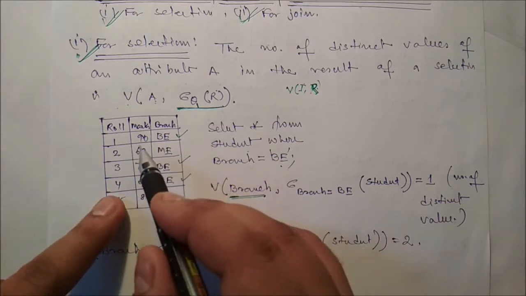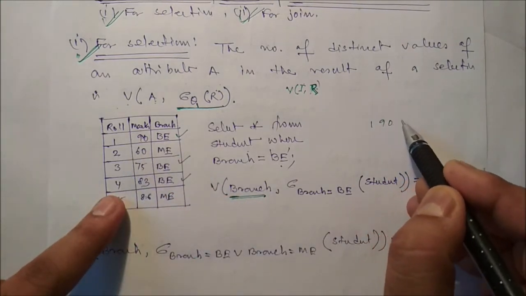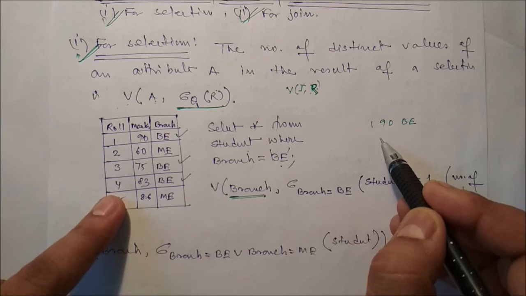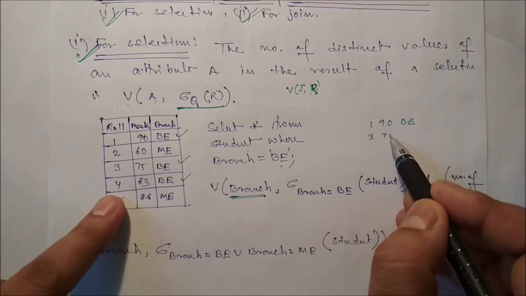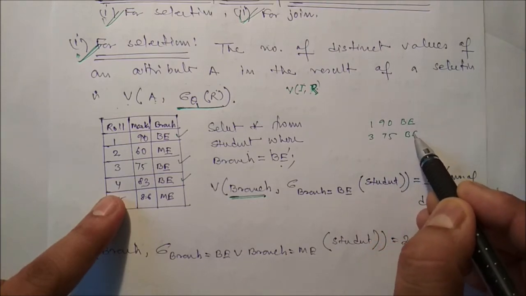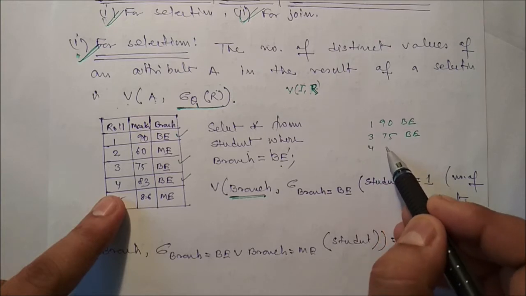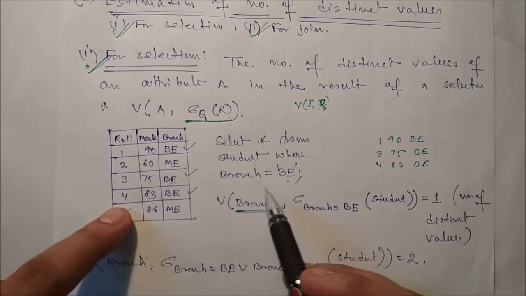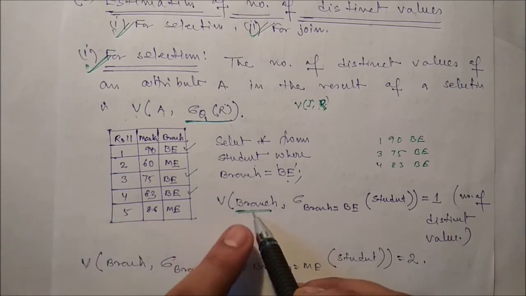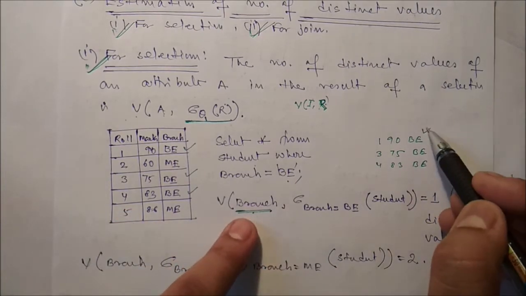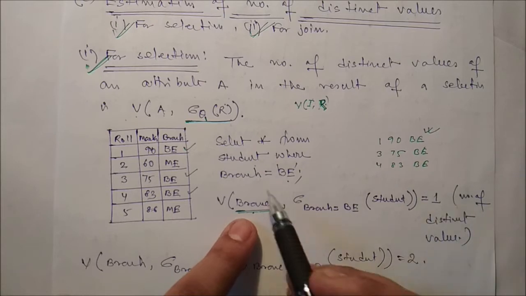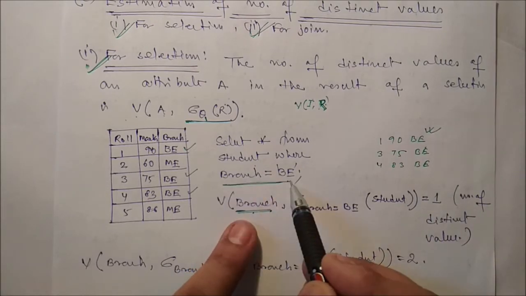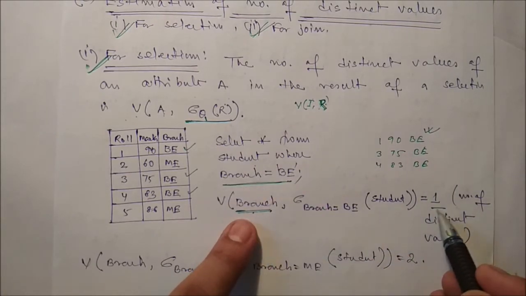So it will return these records: 190 BE, similarly 375 BE and 483 BE. Now we want to identify the distinct branch. Definitely all the branches are the same, BE, because we have selected only BE. So definitely the answer is 1.